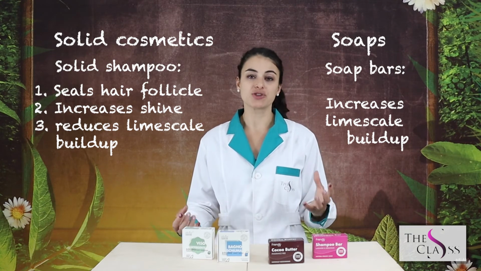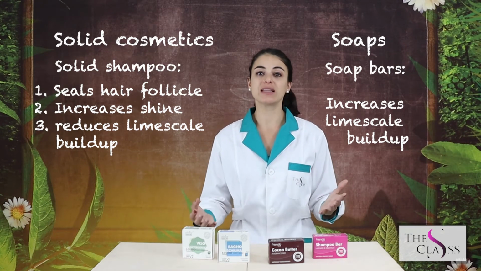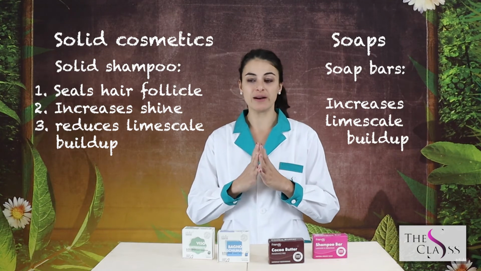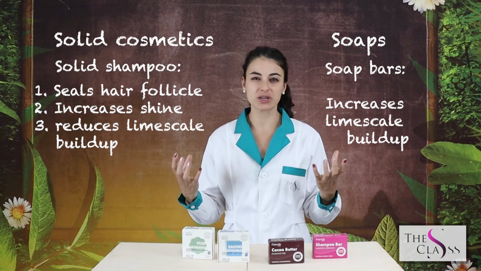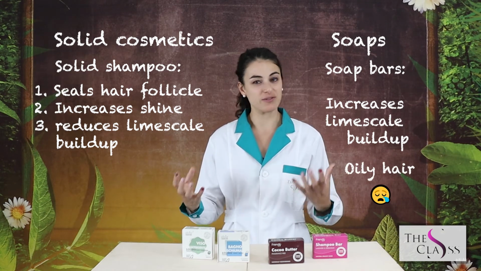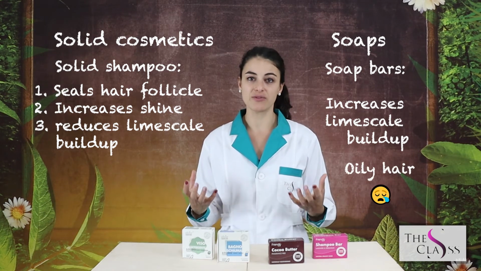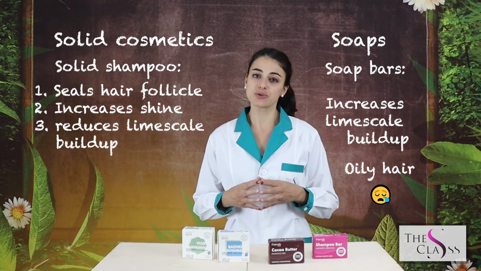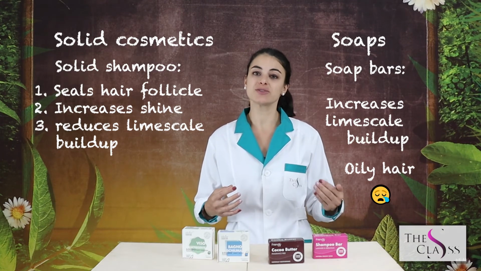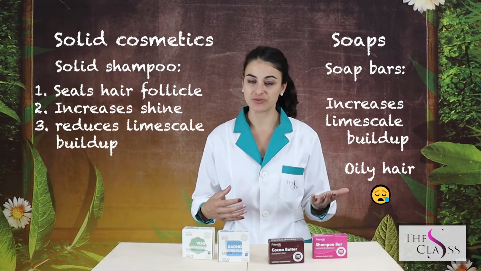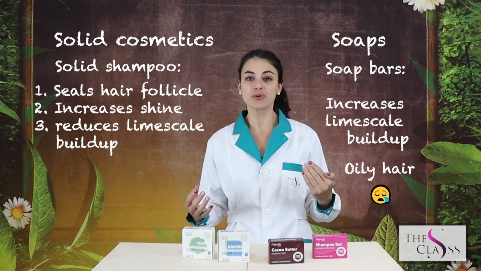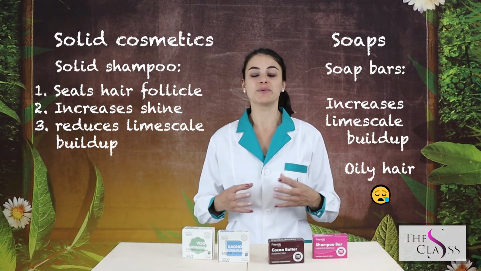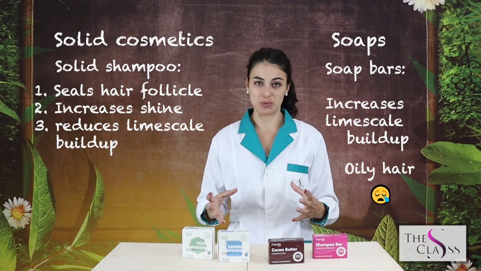The basic pH of the soap bar will cause the limescale to stick to your hair, and in the long run this will feel like your hair is always dirty or that it's oily even if you don't generally have oily hair. The solution to this problem is to do an acid rinse with either apple cider vinegar, lemon or some specific product in order to remove this buildup and bring the pH to what it's supposed to be.